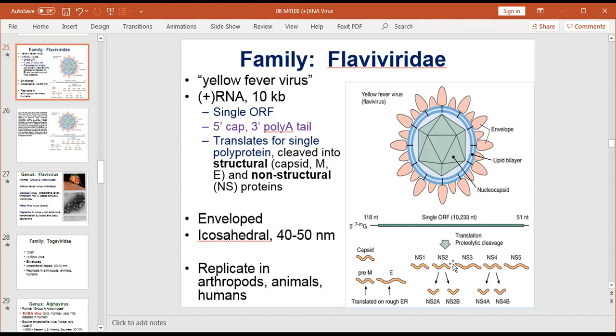And some of these, like non-structural 2 or 4, will be further cleaved to become NS2A, NS2B, NS4A, NS4B.